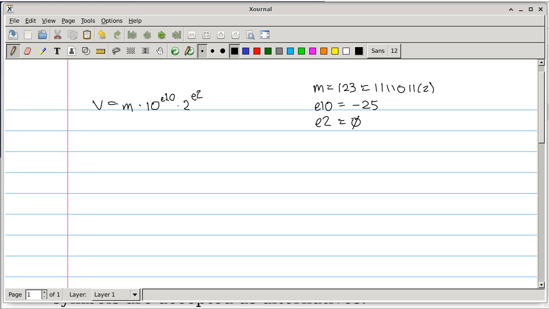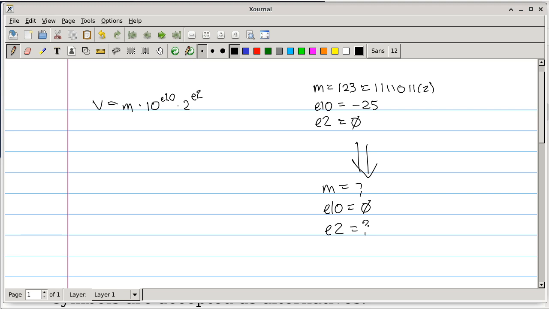Okay. So what we want to do is to go through some magical process here, okay? I don't care what M ends up to be. I want E10 to eventually become 0. And I also don't really care what E2 will turn out to be because a lot of things can be done to adjust between M and E2. Okay? We can move the bits around and increment and decrement E2.